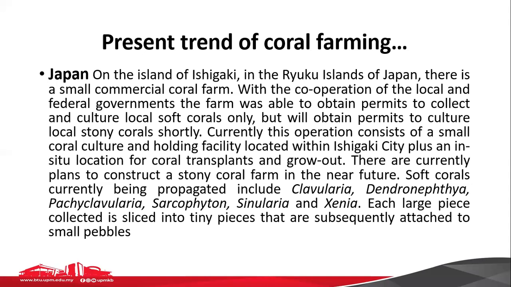Currently, this operation consists of a small coral culture and holding facility located within Ishigaki City, plus an in situ location for coral transplant and grow-out. Each collected piece is sliced into tiny pieces that are subsequently attached to a small table.